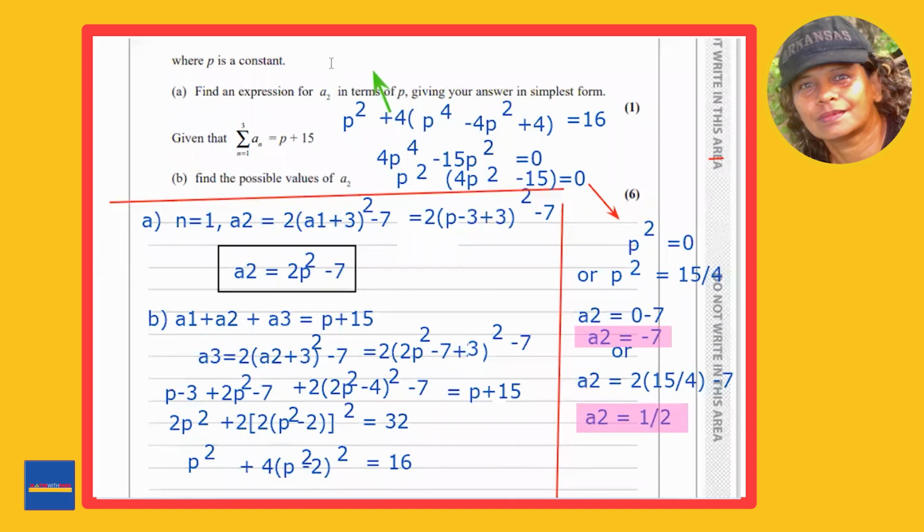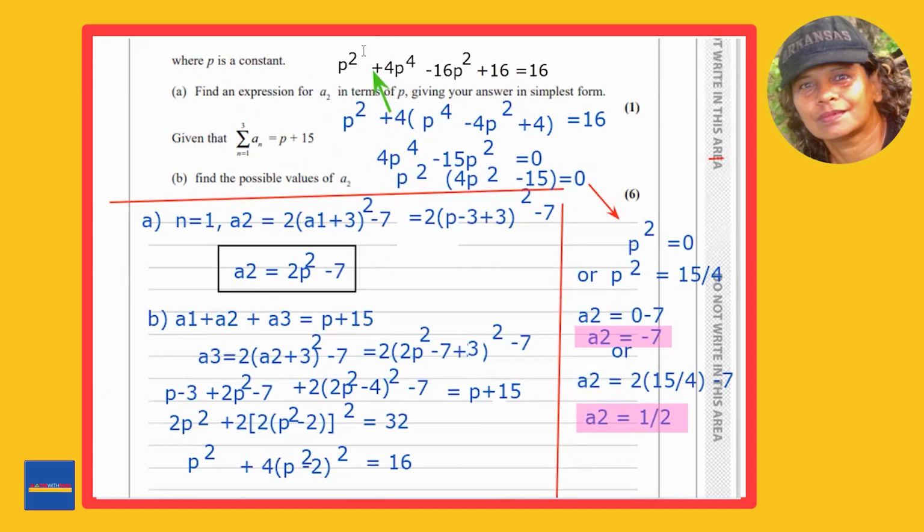I'm going to rewrite that as P squared, and I have a plus 4P to the power 4, and I have a minus 16P squared, and I have a 4 into 4, which is plus 16, is equal to 16.